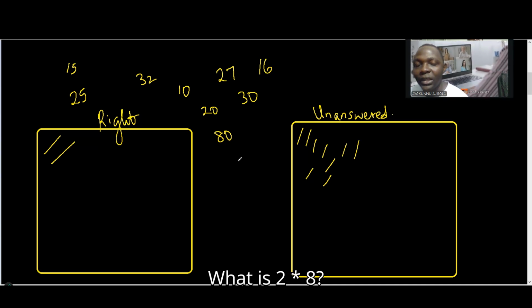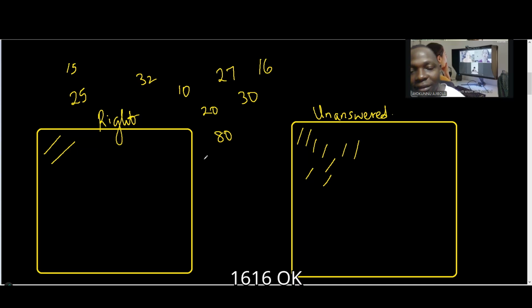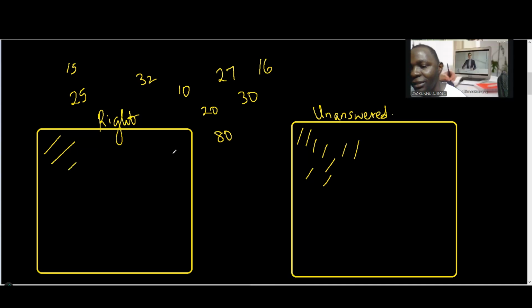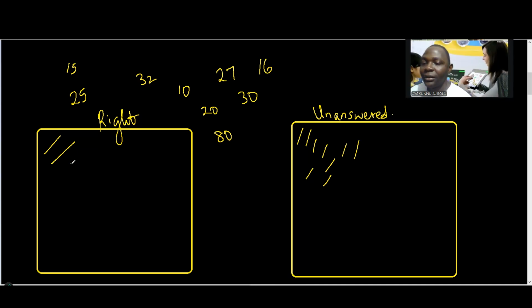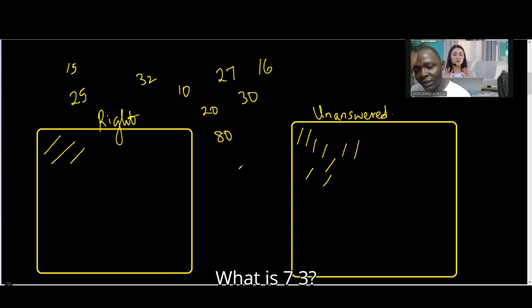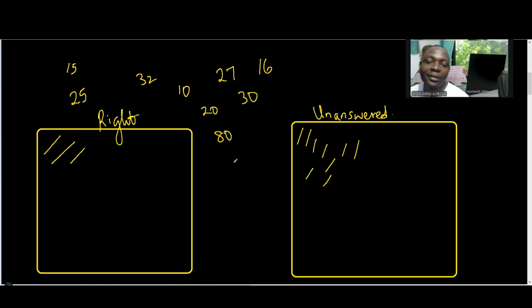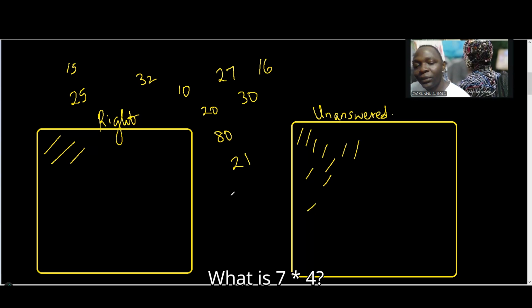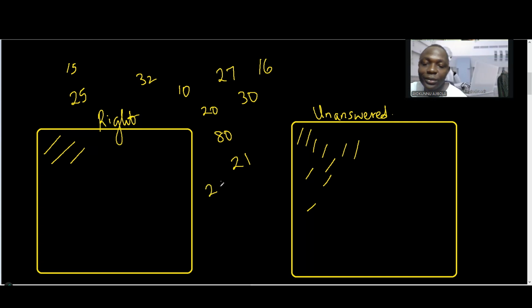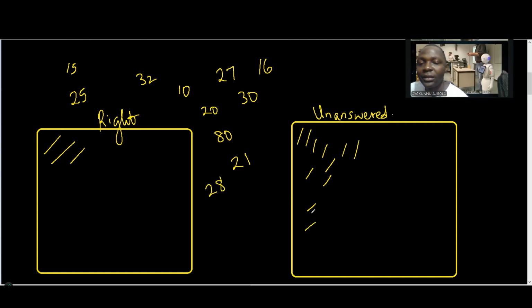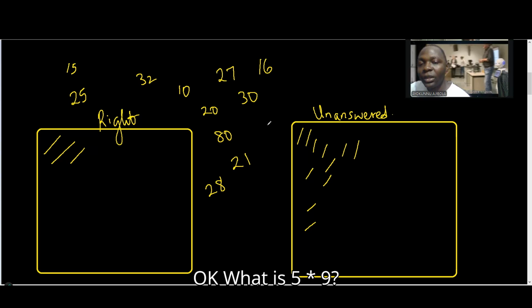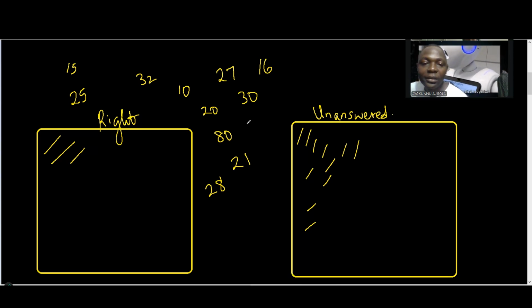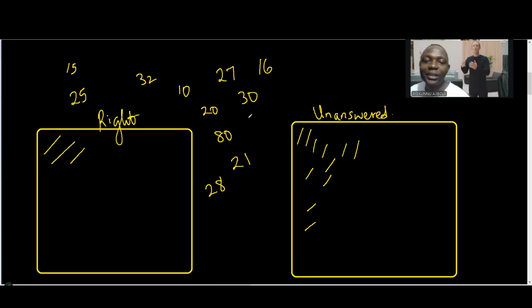What is 2 times 8? 16. What is 7 times 3? 21. What is 7 times 4? 28. What is 5 times 9? 45.